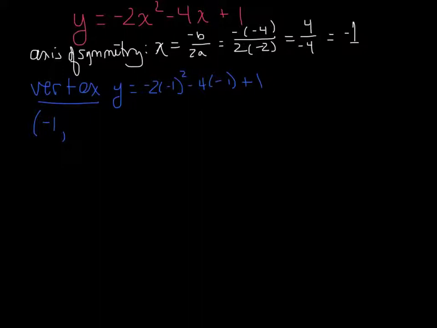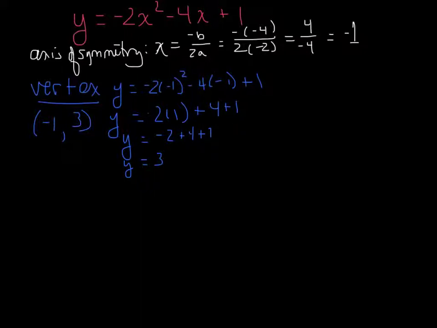So after I've done that, I calculate this. I've got negative 2 times 1 plus 4 plus 1, which gives me negative 2 plus 4 plus 1, which gives me positive 3. So what that means is that my vertex is negative 1, comma 3. Then I need to determine, is this going to be a maximum or a minimum?